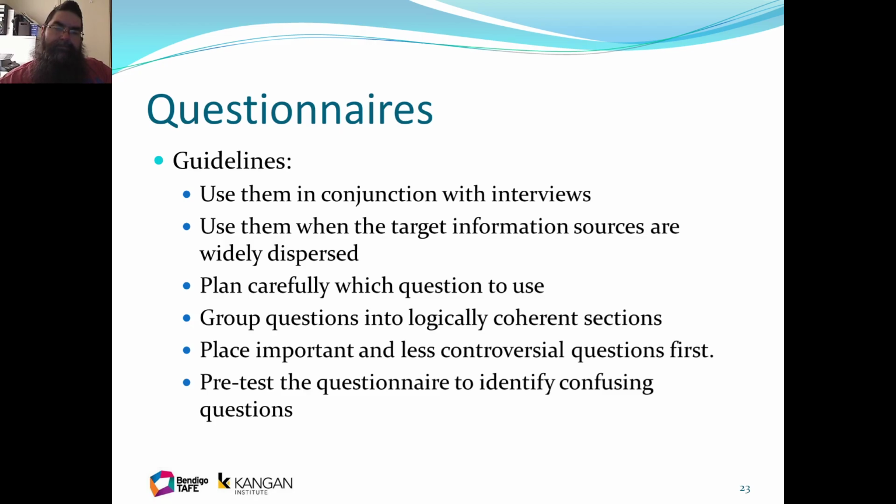Target the information that you want to ask for, and we would generally use questionnaires if our target audience is widely dispersed.